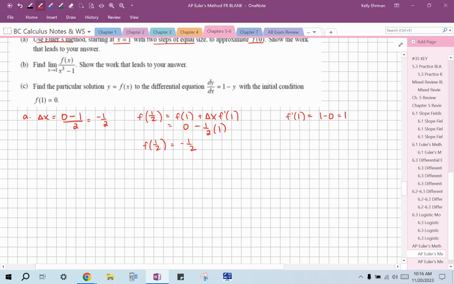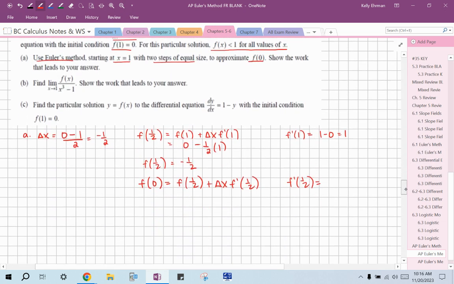Right? And then the next would be, again, we're subtracting a half from there, so we're trying to find f of 0. We should jump off from f of 1/2 plus delta x times f prime of 1/2. Find f prime of 1/2 off to the side. Dy dx is 1 minus y, minus negative 1/2. 1 plus 1/2 is 3 over 2.